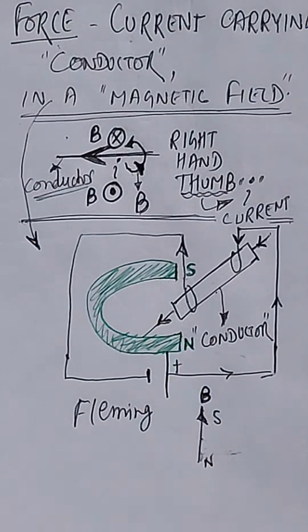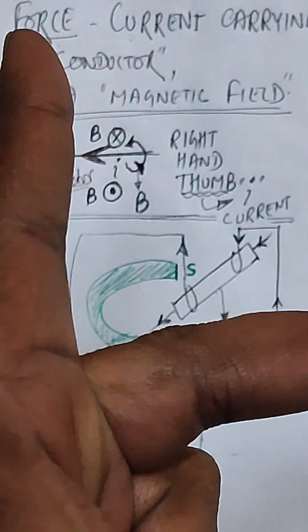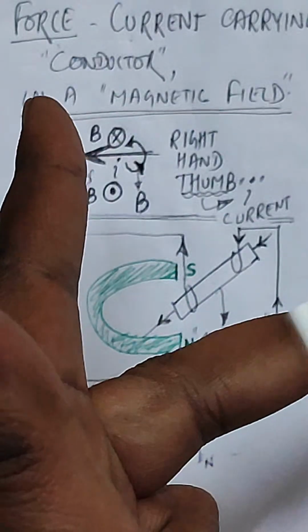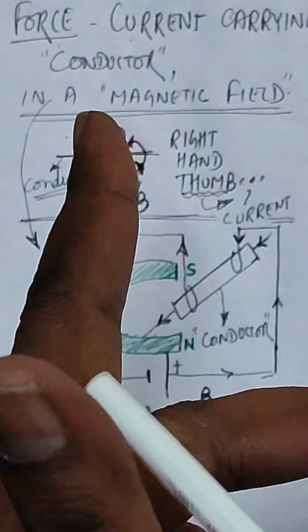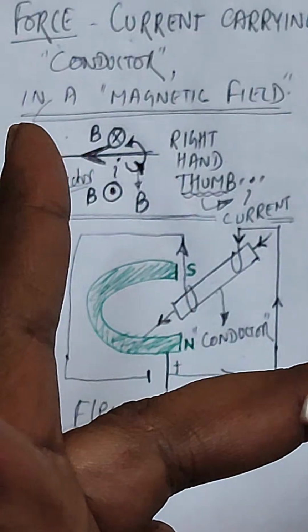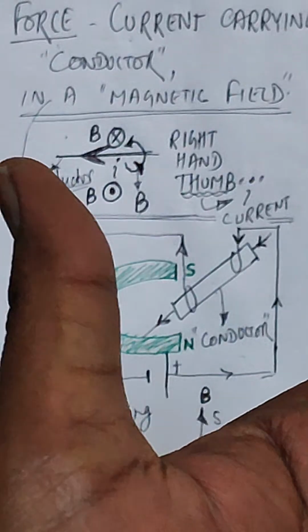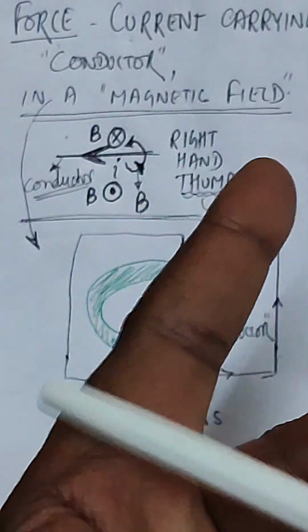Now you can see first, second, and third finger. This is the direction of B, and this will be the direction of current, and this is making an angle of 90 degrees. And the thumb is also making an angle of 90 degrees with the magnetic field.